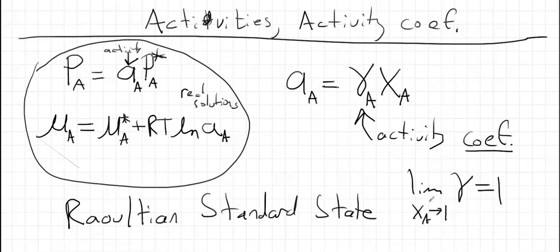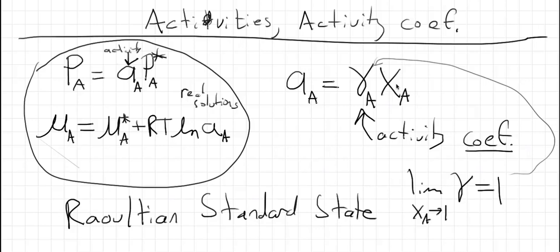As we get more and more pure, the activity coefficient goes to 1. If the activity coefficient goes to 1, we can plug that in over here, and our activity is equal to our mole fraction. And in that case, we're back to just following Raoult's law exactly. And that's what we said before. We follow Raoult's law exactly as we get to pure solvent. So this is the Raoultian standard state.